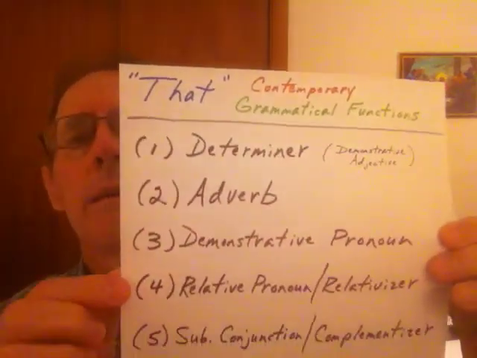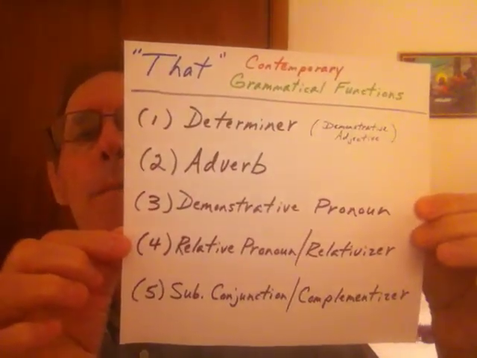I talked about that. Okay, so now I'm keeping the grammatical functions. You can't change that, but you can change the terms and you can change the way you look at it. Okay, so I came up with some new terms.